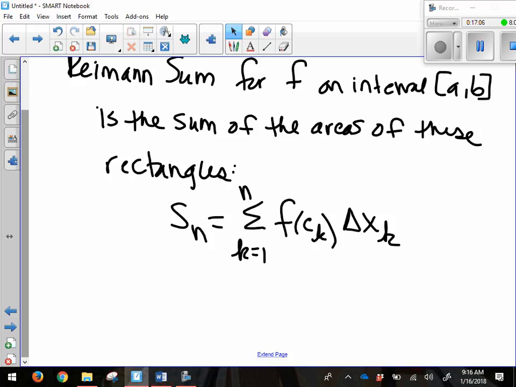And as we saw when we were playing around with the RAM program on your calculator last week, the more subintervals you make, the bigger an n value you have, the more accurately your sum reflects the area under the curve. You don't have as many gaps where the curve goes over the rectangle. You don't have as many places where the rectangle extends out from underneath the curve.